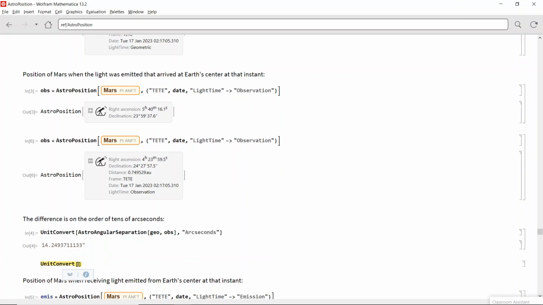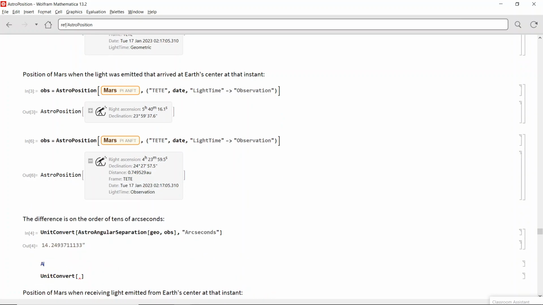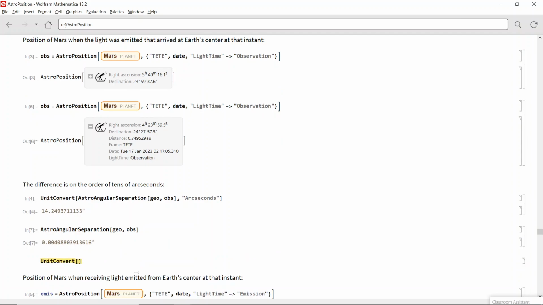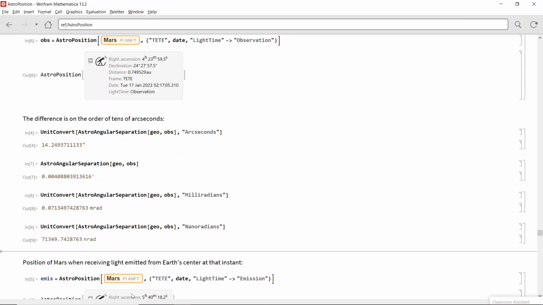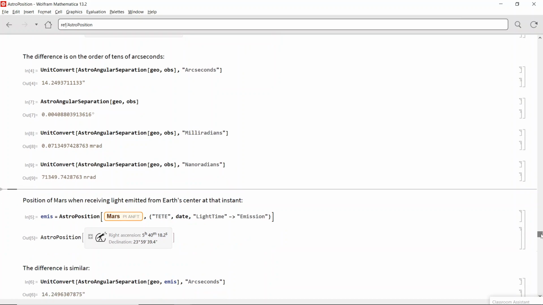Unit convert. Well, here, let me just calculate this real quick. AstroPosition angular separation, geo, obs, milliradians. Oh, it's tiny. Let's go to microradians. Nano, 71349.7428763 nanoradians. Position of Mars from receiving light emitted from Earth's center at that instant.